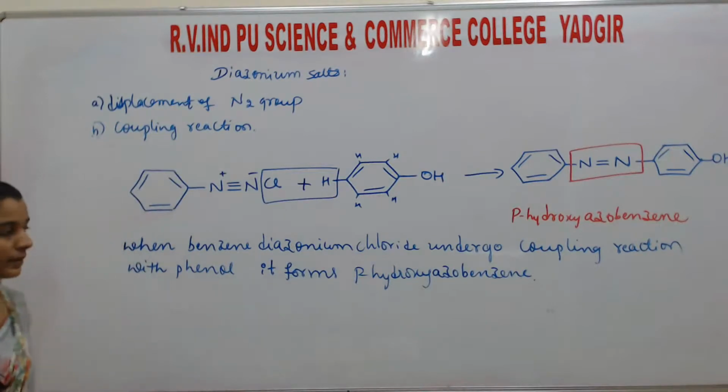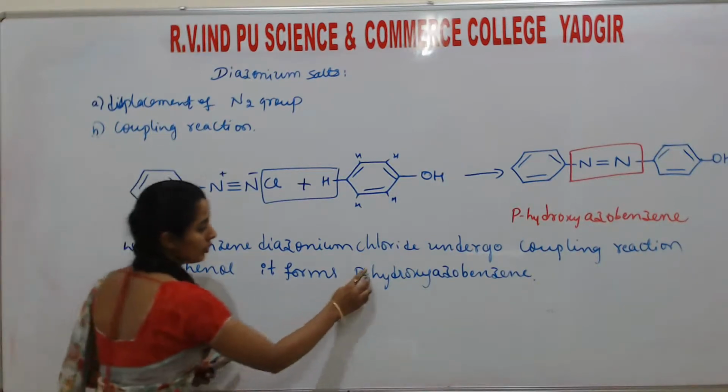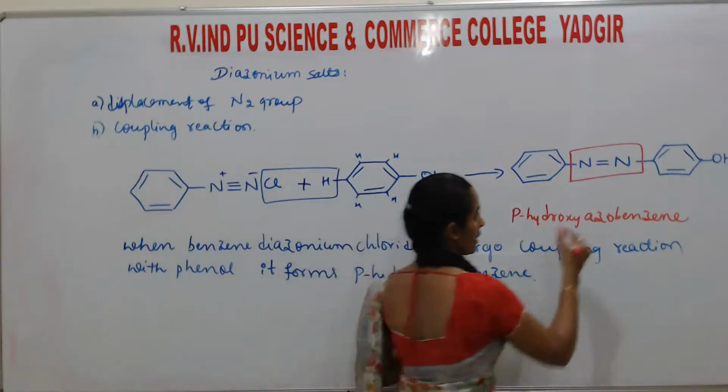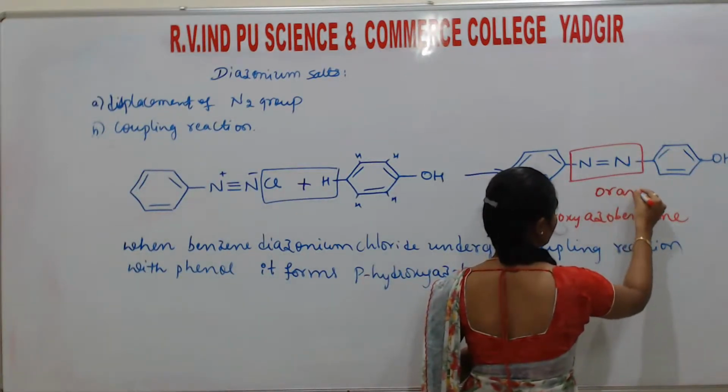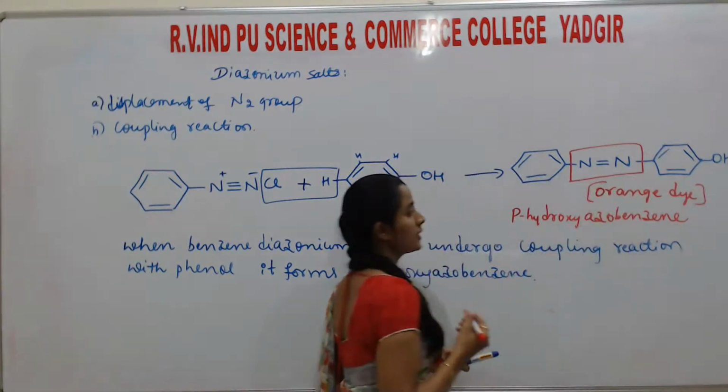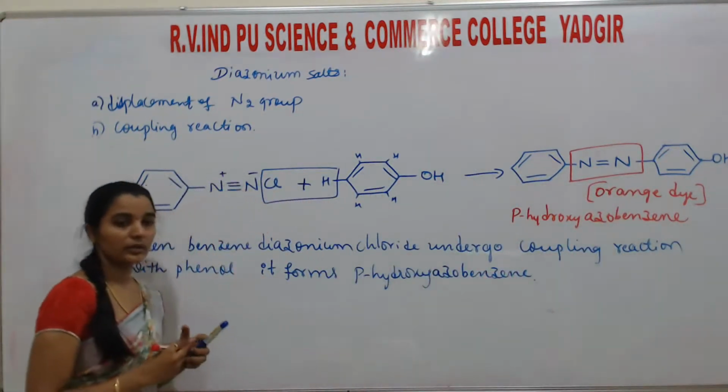Okay, students, para hydroxy azobenzene. So listen, this is an orange colored dye. This is an orange color dye.